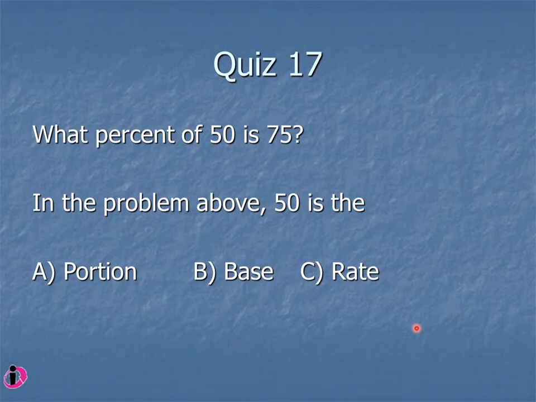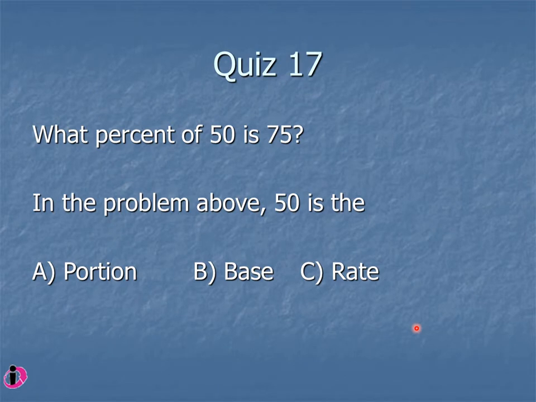Now let's try another example. What percent of 50 is 75? So 50 is what? The base or portion? 50 is base, because most of the time the base will follow the "of", and as I said, the portion can be more than base.